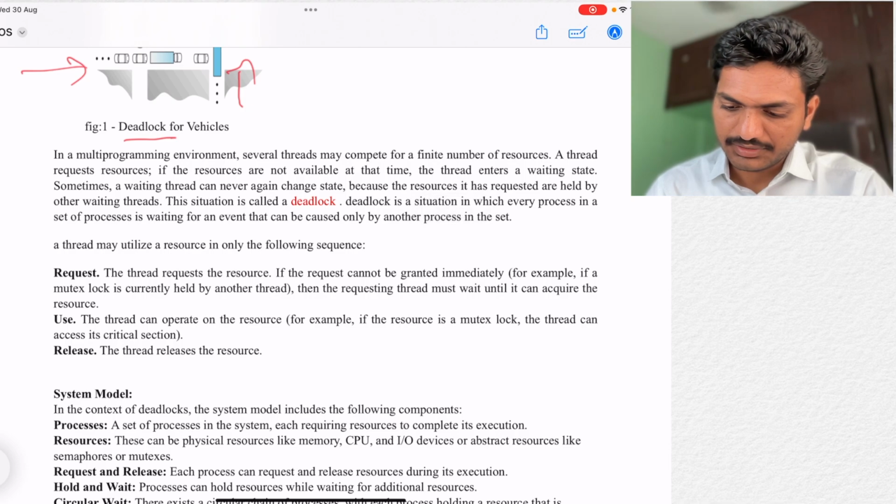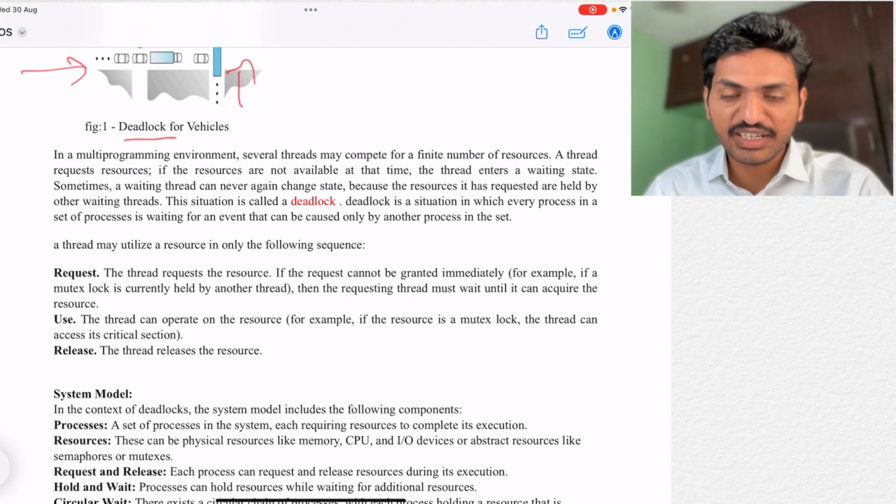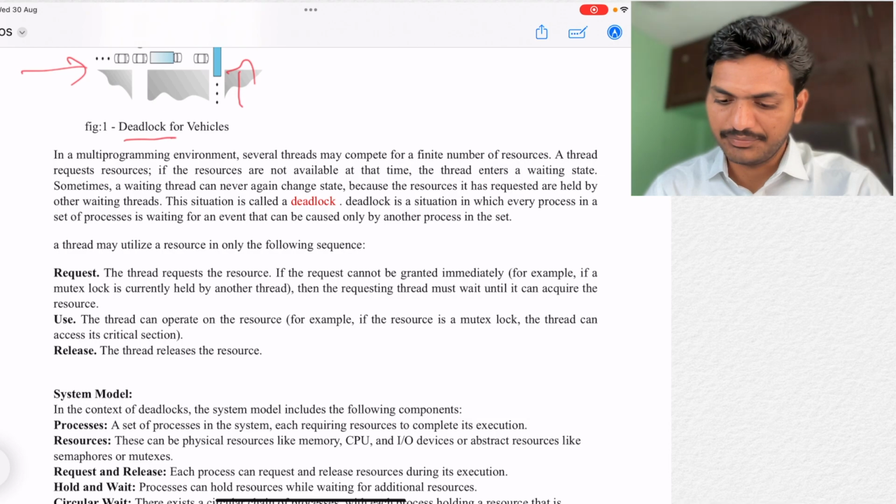What is a deadlock? Deadlock is a situation where one person is waiting for another infinitely. In operating system, a process is waiting for another process infinitely.